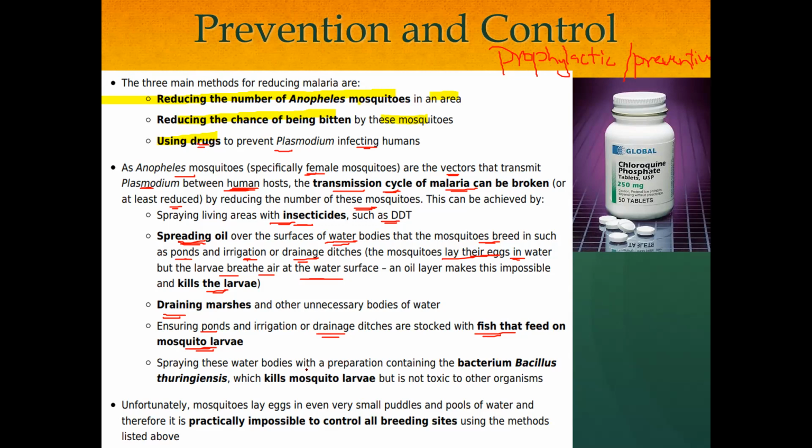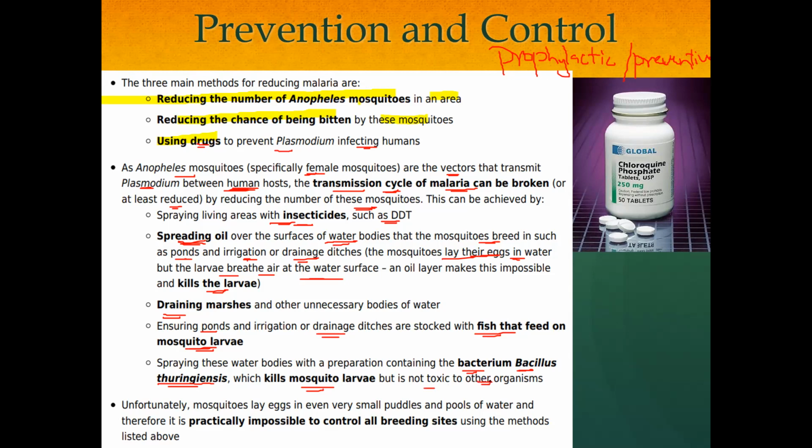Then, spraying these water bodies with a preparation containing a bacterium known as Bacillus thuringiensis. What it does is kill the mosquito larvae. It is effective against the mosquito larvae, but it is not toxic to other organisms.